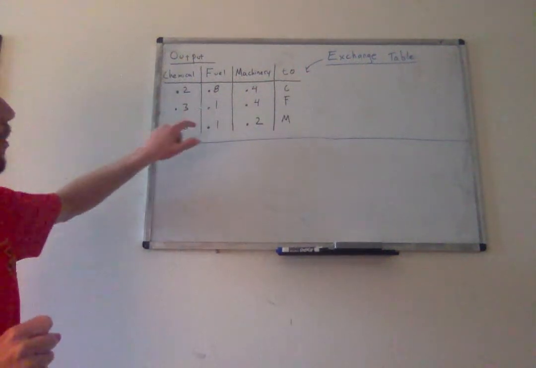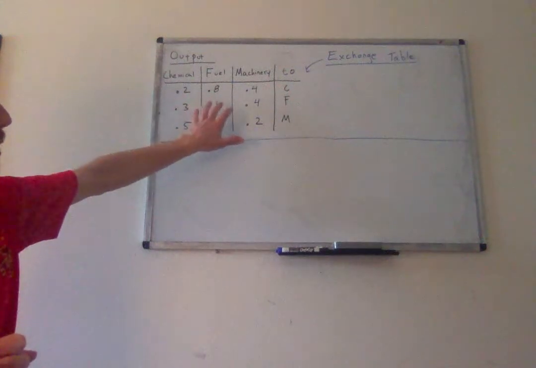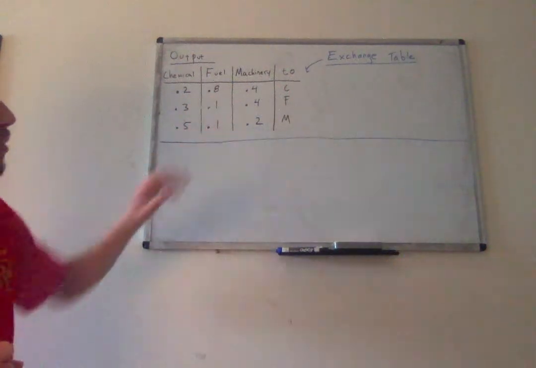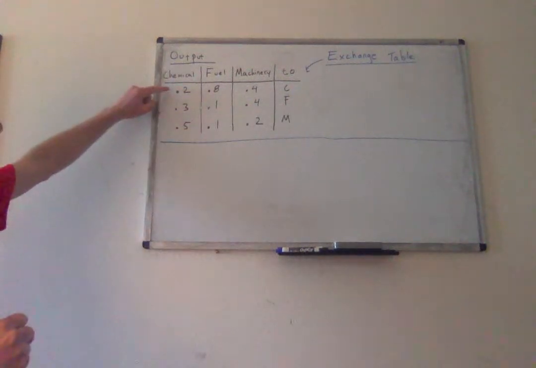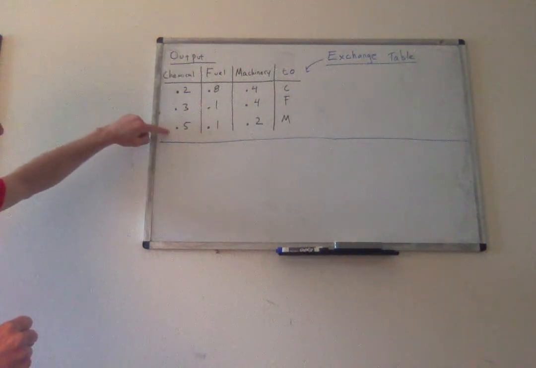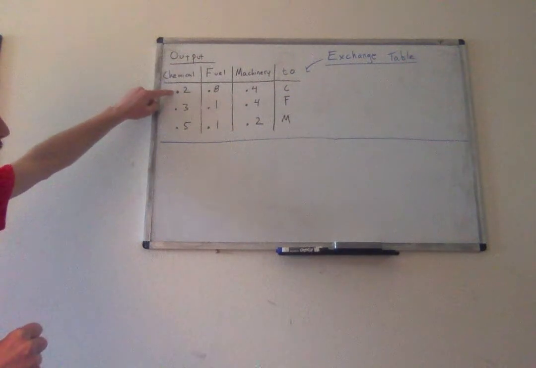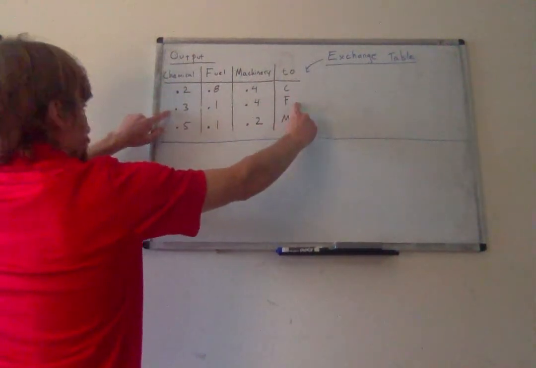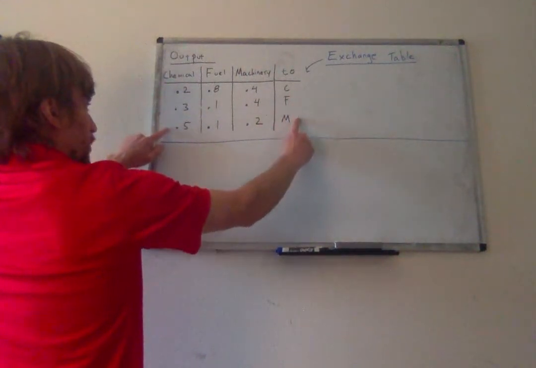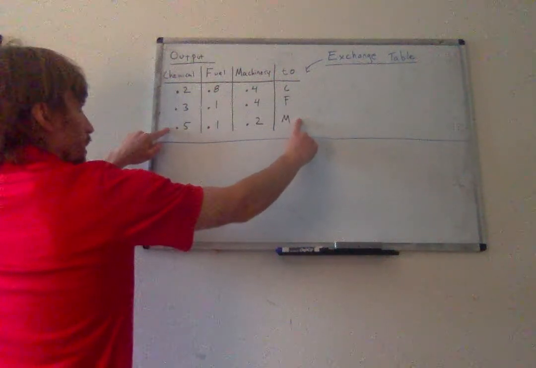We can model what's going on with what your book calls an exchange table. And this is what this looks like. The way this is read is if you go down the columns, you can look at what each sector is outputting. So this column here would read chemicals is keeping 20% of what it produces, giving 30% to fuels, and 50% to machinery.